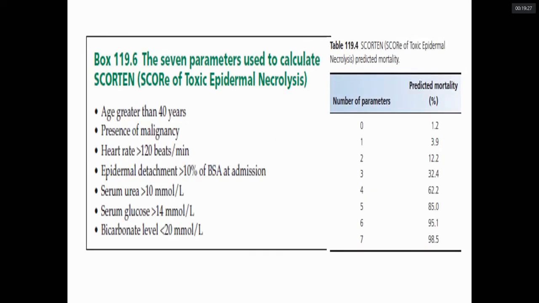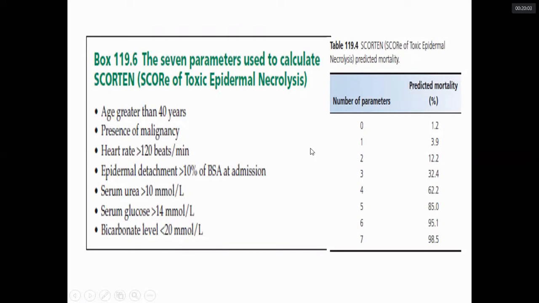Now, there is one score called SCORTEN, which is the score of toxic epidermal necrolysis. It is calculated for the prediction of mortality. There are 7 parameters. First one is age greater than 40 years, presence of malignancy, heart rate more than 120 beats per minute, epidermal detachment more than 10% of body surface area, serum urea more than 10 millimole per liter, serum glucose more than 14 millimole per liter, and bicarbonate level less than 20 millimole per liter.